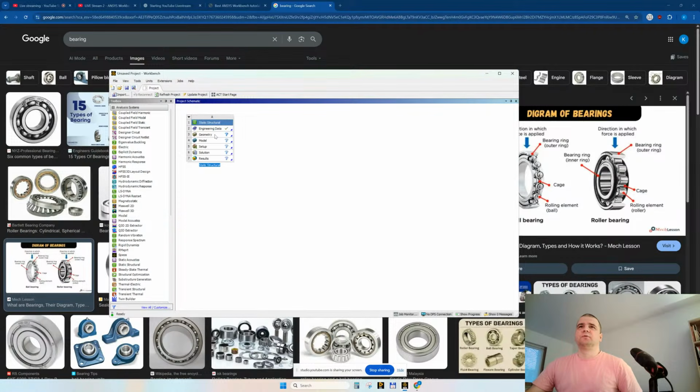Afterwards, each to his or her own desire, they can make things more complex as they wish, or according to the design that they receive and want to simulate. Let's go to SpaceClaim and design a bearing, okay?